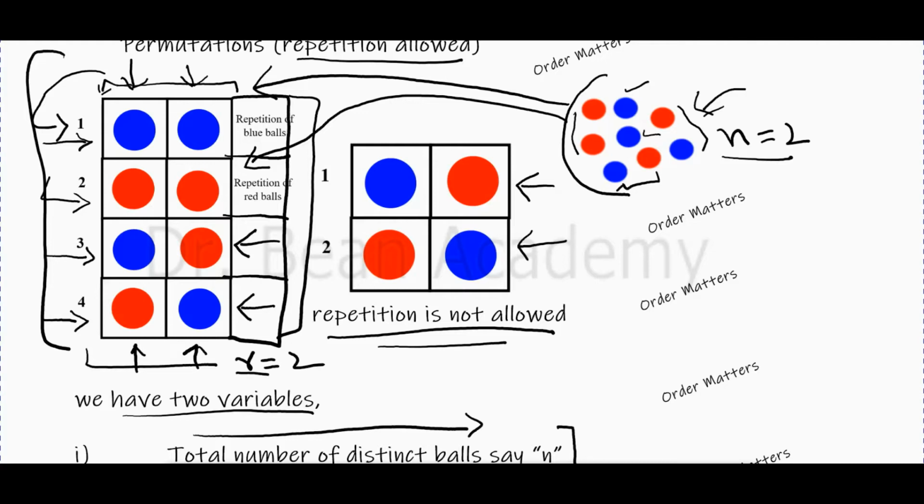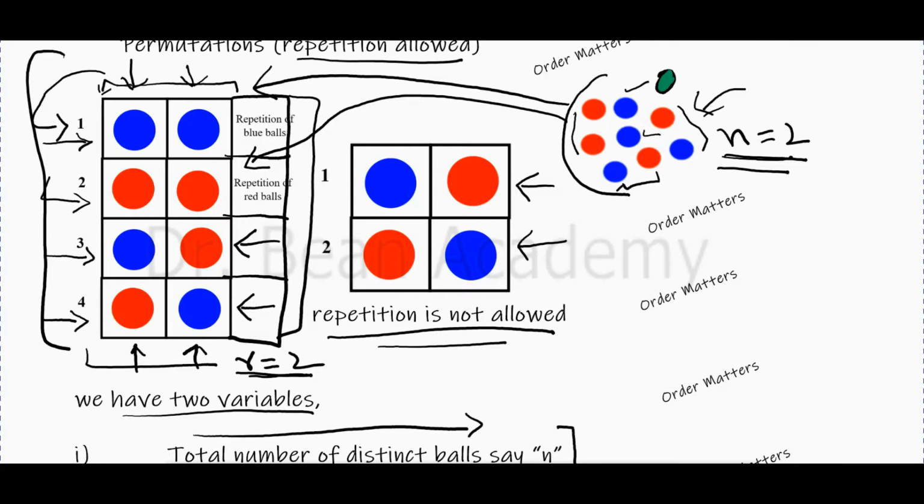So R and N matter. For example, if I increase N, I add another ball here, not red and blue, but green. So now N will be equal to 3, and you will see you can make more permutations. So if N and R increase, you can make more permutations.